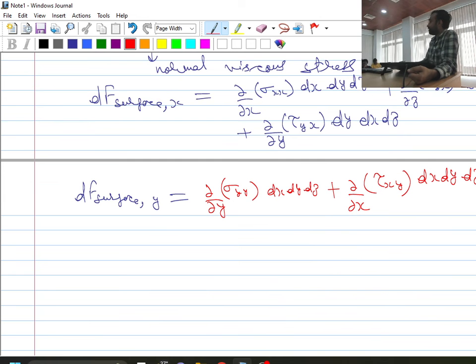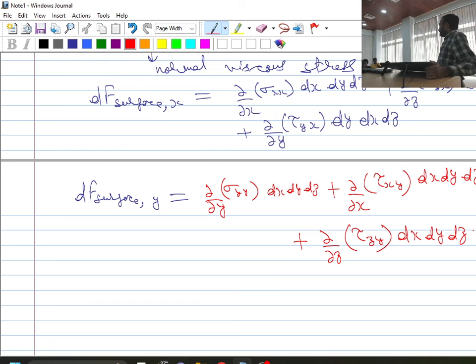Please understand this point very clearly, because if you do not understand, you will find difficulty in doing this. Plus del by del z of tau on the z plane but in the y direction, dx dy dz. Fine? All are fine with this?